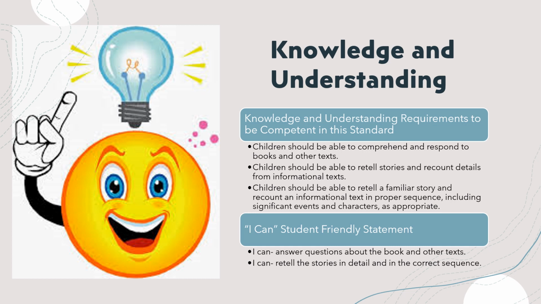Children should be able to retell a familiar story and recount an informational text in proper sequence, including significant events and characters as appropriate. Examples of I can student-friendly statements would include things such as I can answer questions about the book and other texts, and I can retell the stories in detail and in the correct sequence.